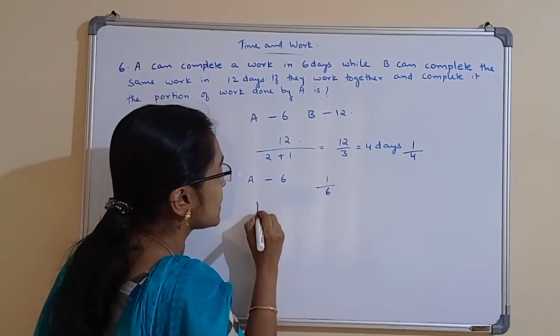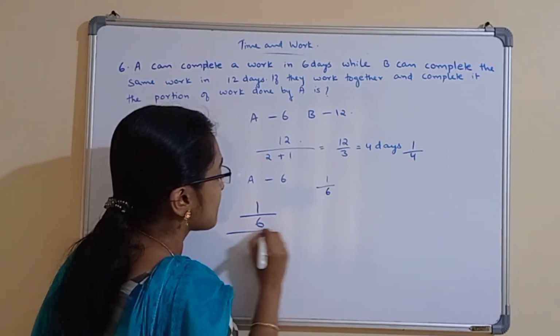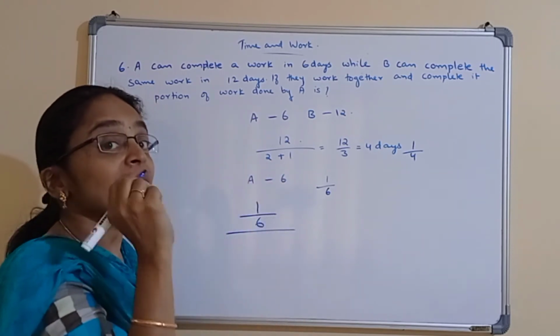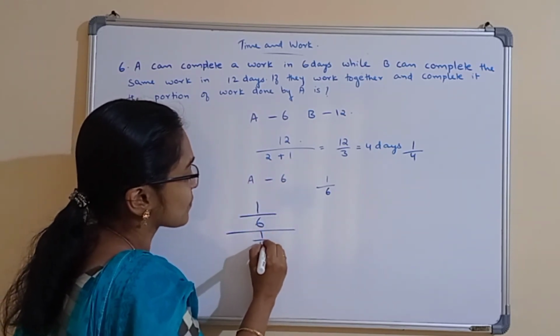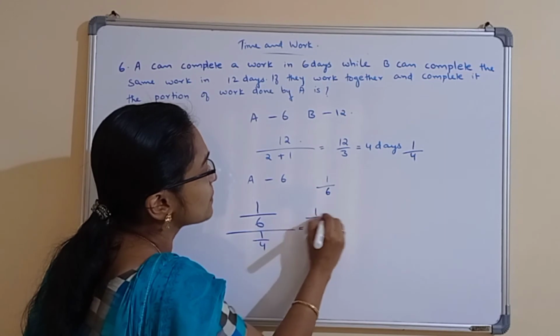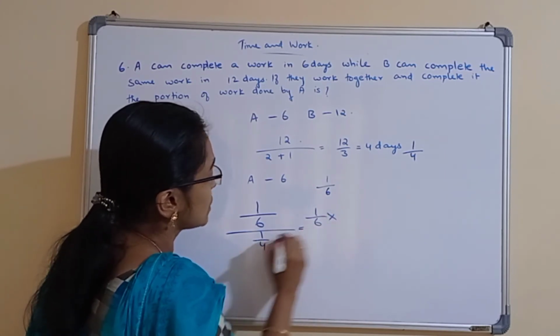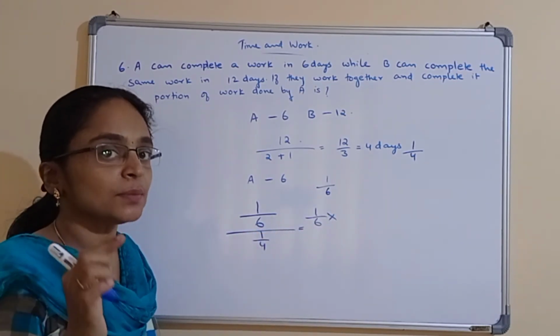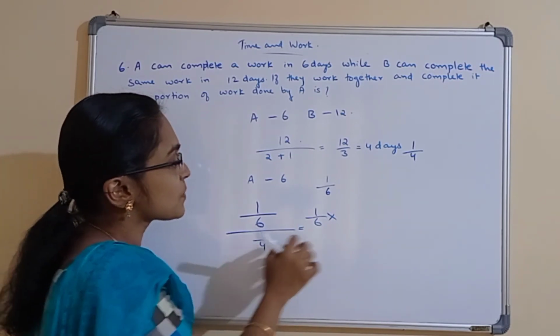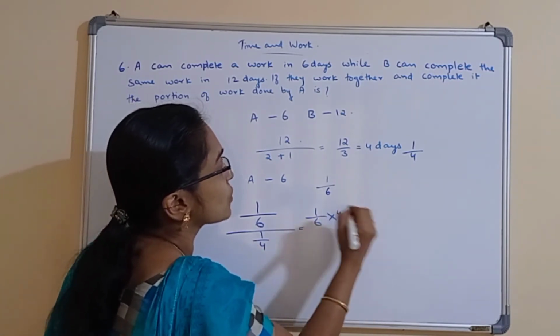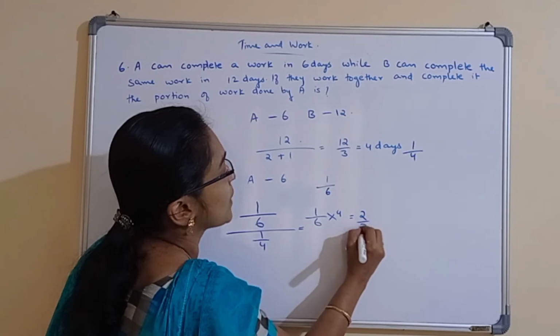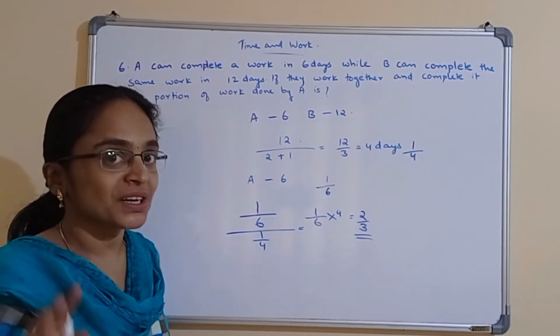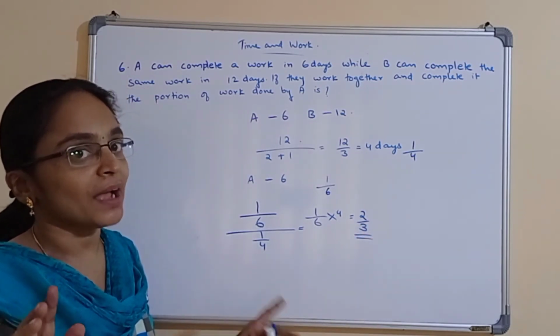That is work done by A in one day by work done by A plus B in one day, which is equal to 1 by 6 divided by 1 by 4, take the reciprocal, which is 4. So 4 by 6, which is equal to 2 by 3. So portion of work done by A is 2 by 3.